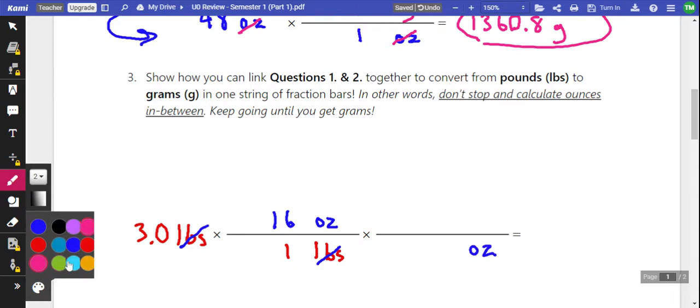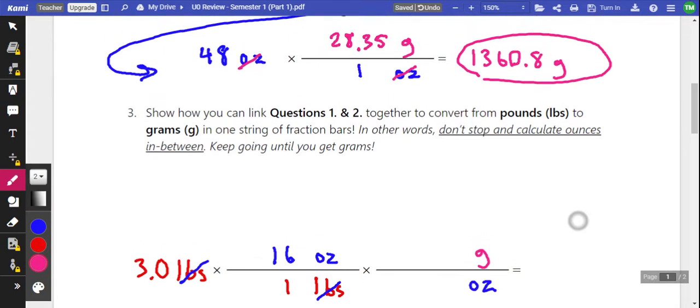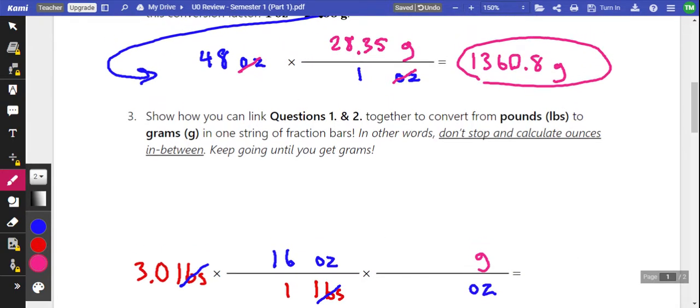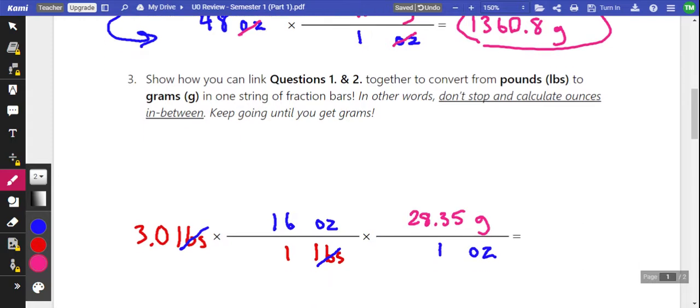And what comes up next on top is the next unit I'm trying to get to, which is grams. Well, what's my relationship between ounces and grams? I just had it up here. 1 ounce is 28.35 grams. So I've got my 1 ounce down here on bottom, and 28.35 grams on top here.